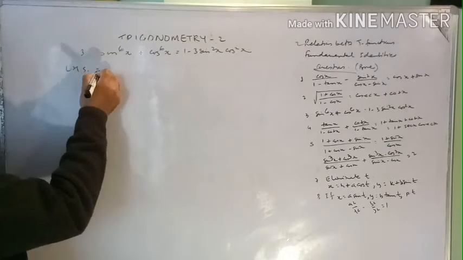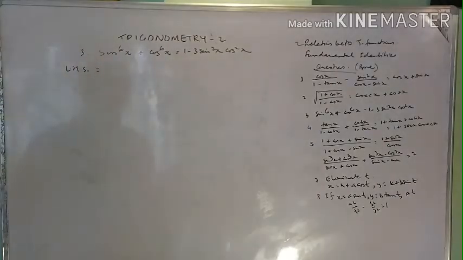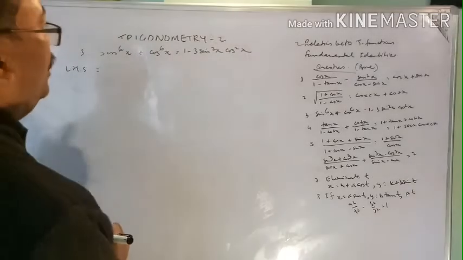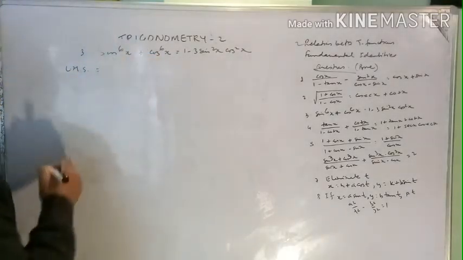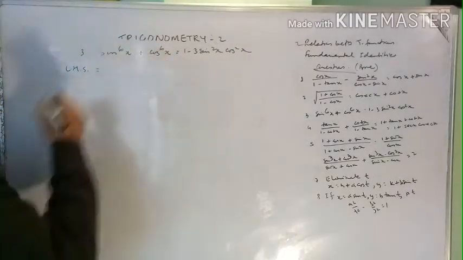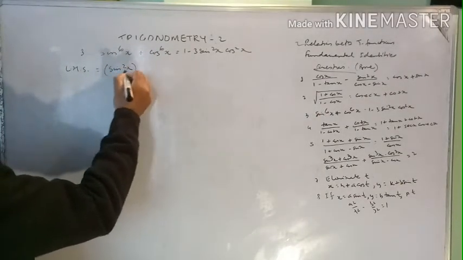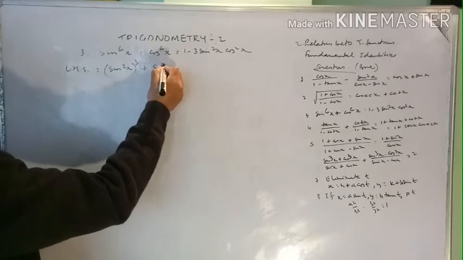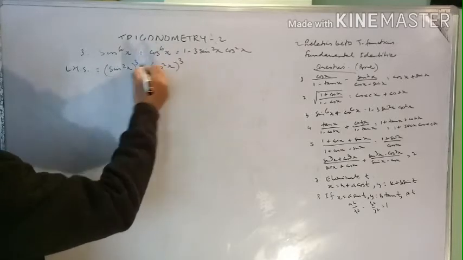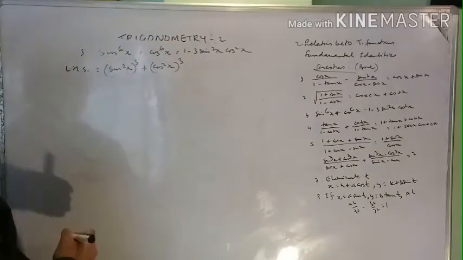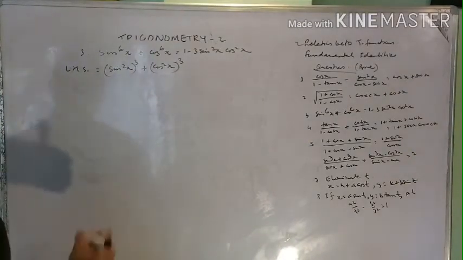Again LHS. Okay. So this one you can write in a cube plus b cube form. That is (sin square x) whole cube plus (cos square x) whole cube, because 3 twos are 6, 3 twos are 6. We can write in the form of a cube plus b cube.